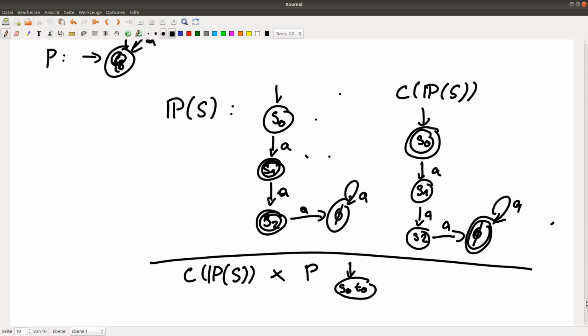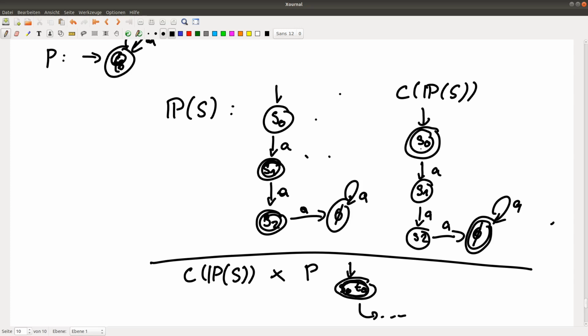And yeah, then I could proceed in constructing it, but already here we see the problem. S0, T0 is a final state, because T0 is a final state and S0 is a final state.